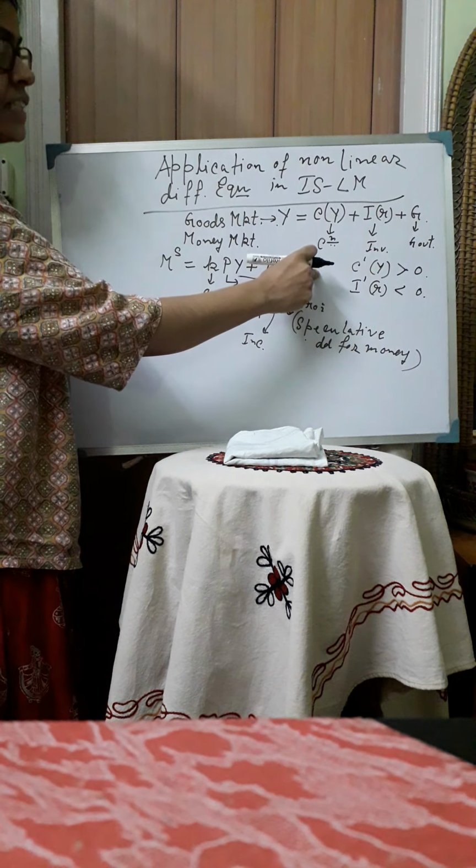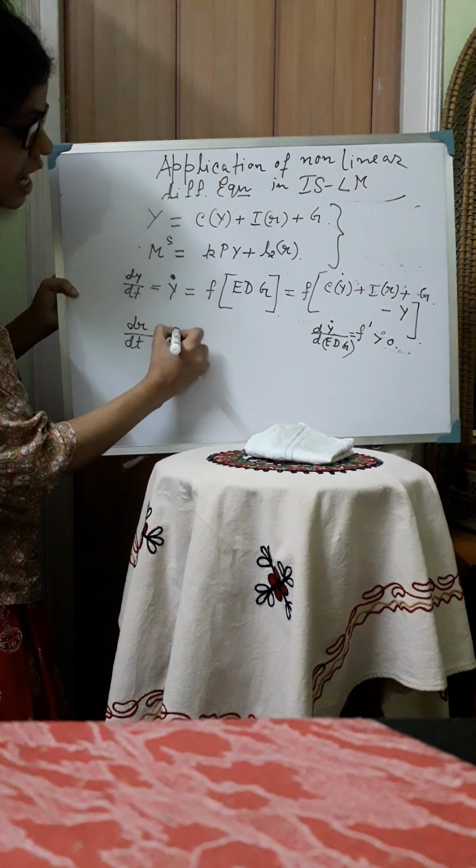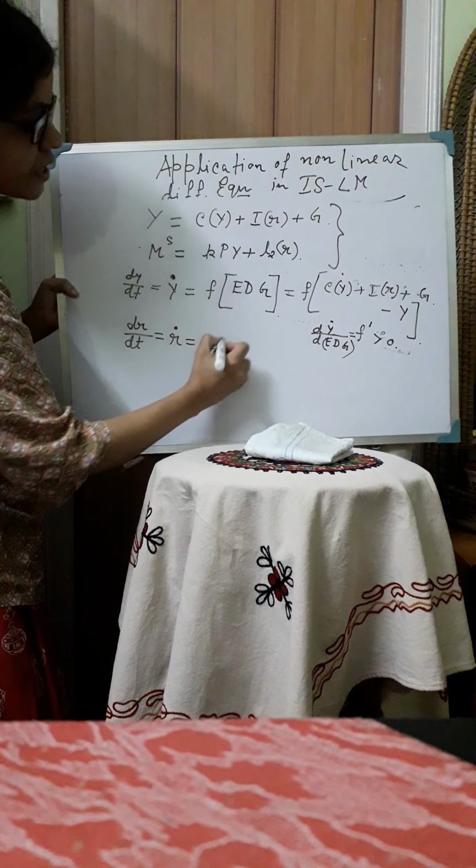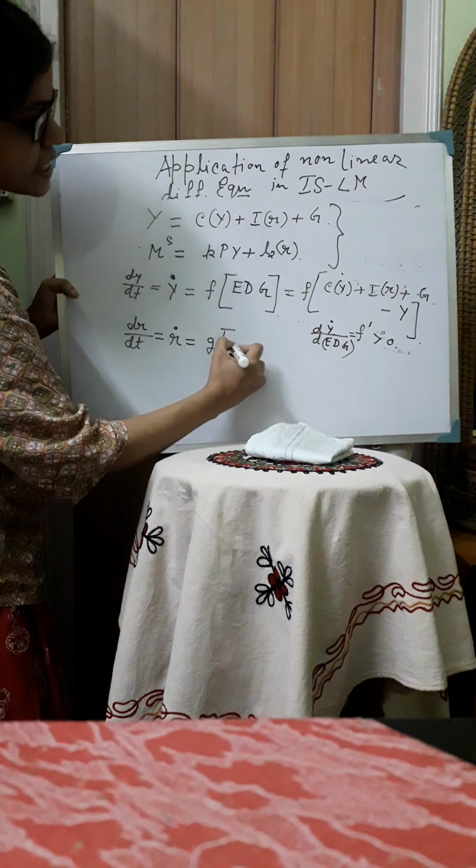Now in the money market, the R will adjust. So in the money market, dR/dt, that is R dot, is a function of excess demand for money: KPY plus L2(R) minus Ms. So this is basically excess demand for money.